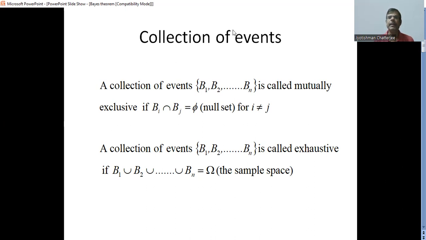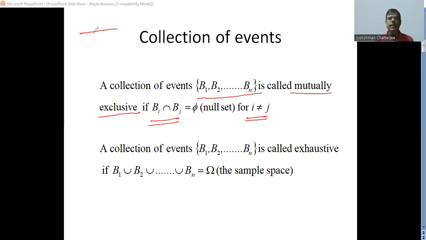Consider a collection of events B1, B2 up to Bn. Then that is called mutually exclusive, I repeat, mutually exclusive, if any two events from this collection are disjoint. In other words, Bi intersection Bj is equal to the null set whenever i is not equal to j.